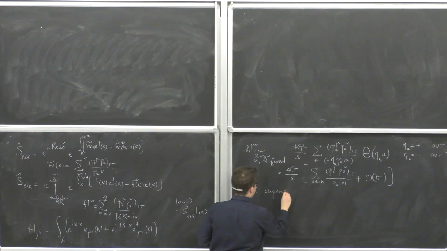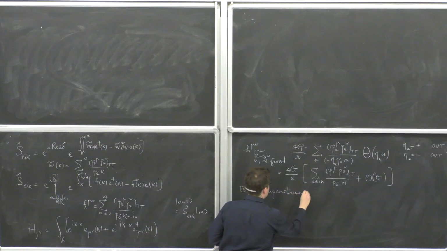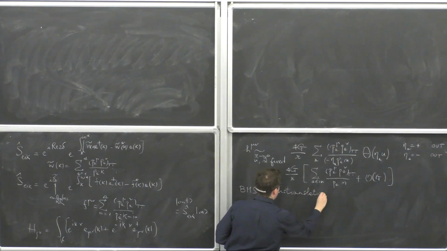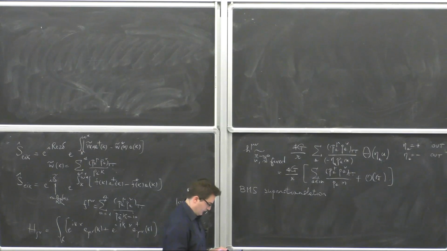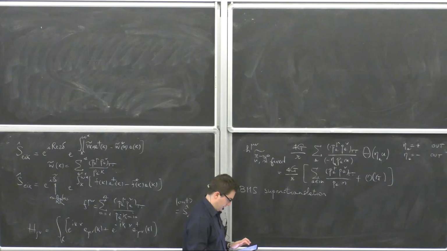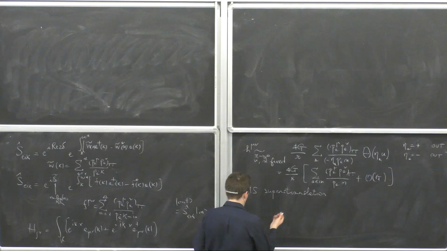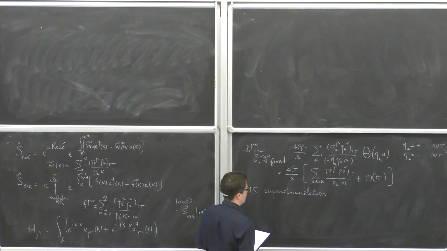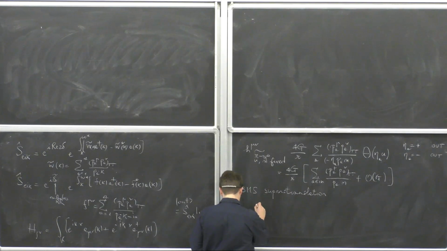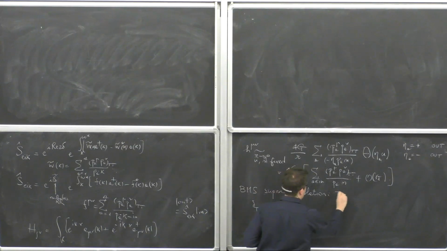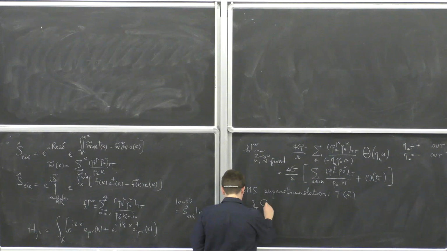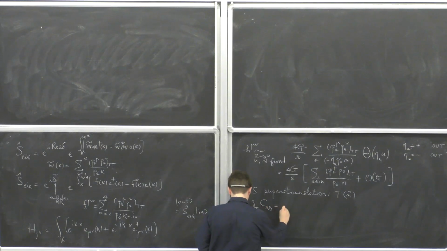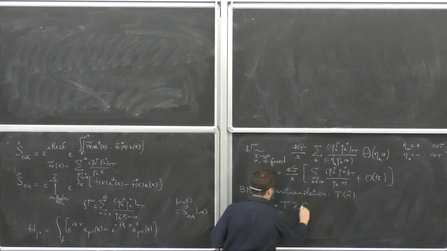As Simone reviewed yesterday during the discussion, the formula for the transformation of the shear under a BMS supertranslation is the following. So a BMS supertranslation dictated by this function T of the angles is such that the shear transforms as follows: T du C_AB.